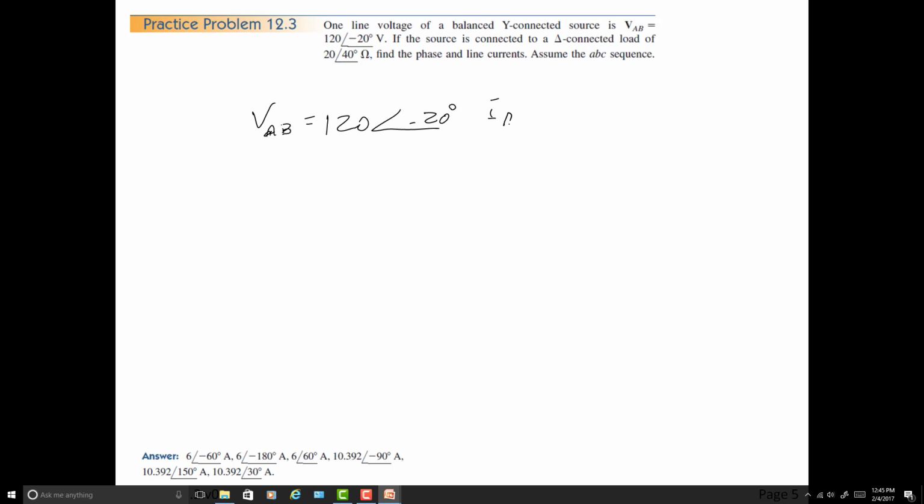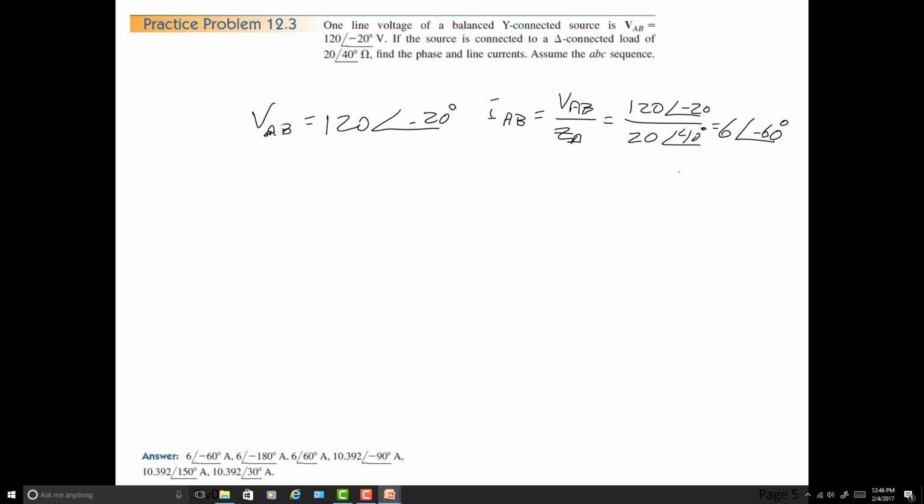And we know that IAB, so what will this be? This will be one of the phase currents, will be VAB over the Z, right? So that's 120 at an angle of minus 20 divided by 20 at an angle of 40. Okay, and that looks like 6 at minus 60 degrees for one of the phase currents.